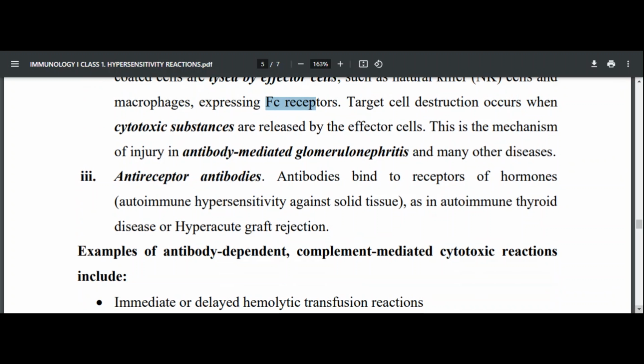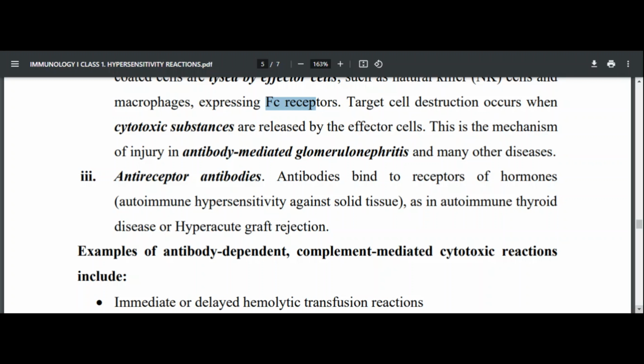Those are the thyroid stimulating hormone receptor autoantibodies. Those autoantibodies are going to bind on the receptor that is designed for TSH, and those antibodies are going to stimulate receptors as if it is TSH. So then this is going to lead to hypersecretion of hormones.